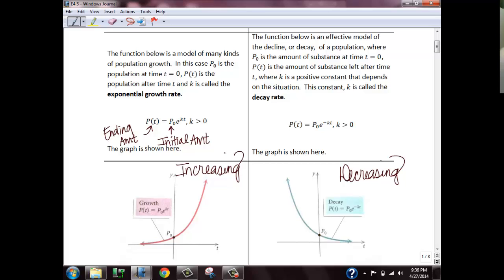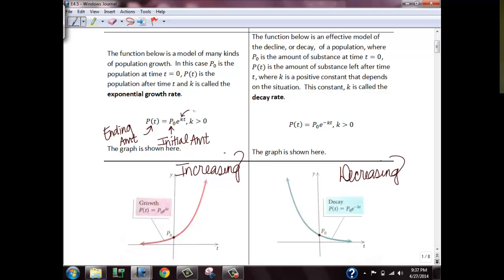Like if we talk about how much of a certain material is left in our body after we die, we can assume that on the day we died we had 100% of that material, and then after years and years, if it decays, we can do it in terms of percentages. Most of the problems will give us a starting amount, and then we figure out the ending amount. But if one's not given, we can always assume the initial amount is 100% unless otherwise specified.